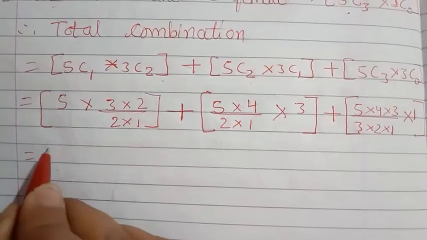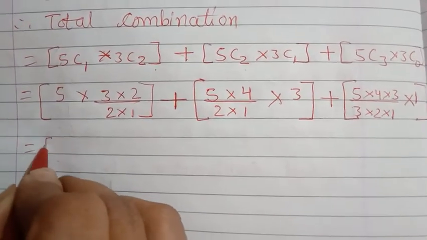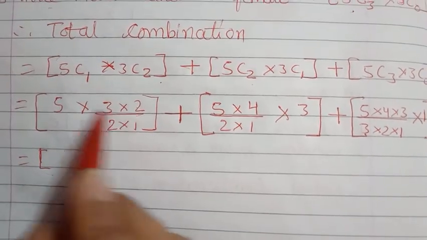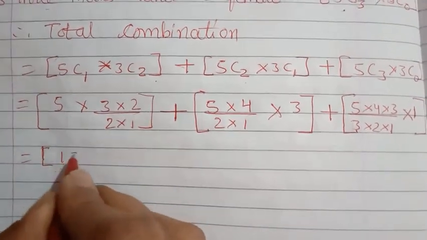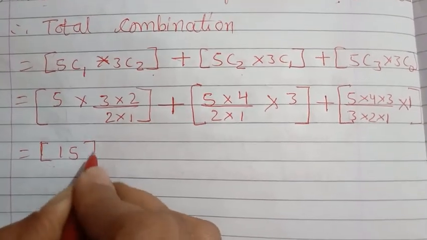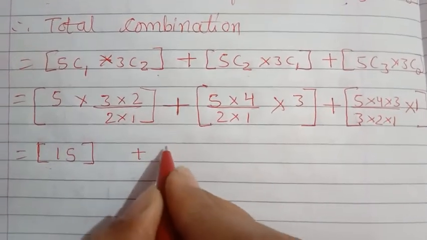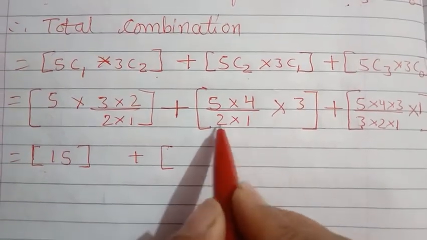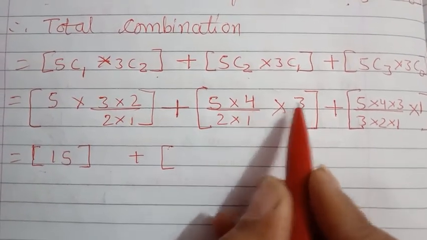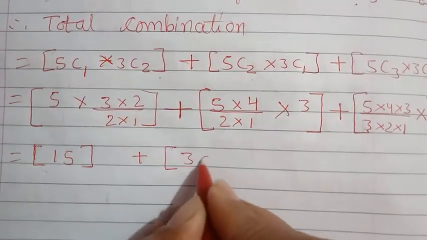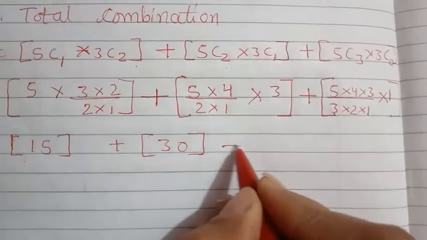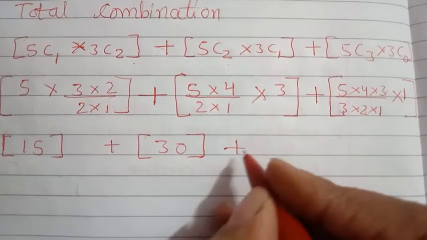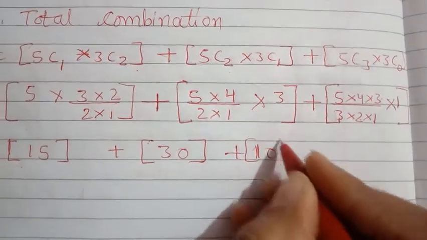Now I'll solve it over here. 2 and 2 will get cancelled, and 5 into 3 is equal to 15 plus, now here 2 and 2, so 10 into 3, that will come 30, and plus here 3 will get cancelled and 2, so here 10 will come, right?